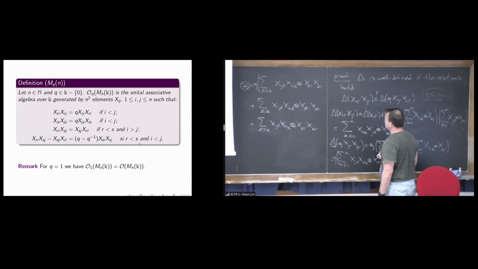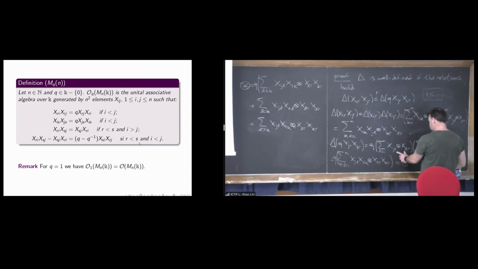I have a strange feeling because I use different letters as in my notes, so I don't know what is going on because I want to use something and something strange happens. So let me check this out. IR, JR, it's okay. And the other one, JR, IR, it's okay.